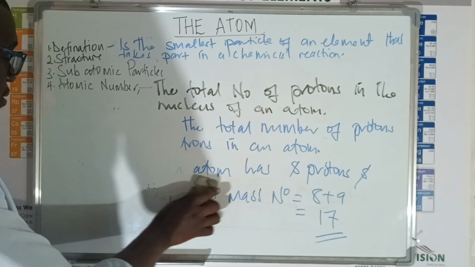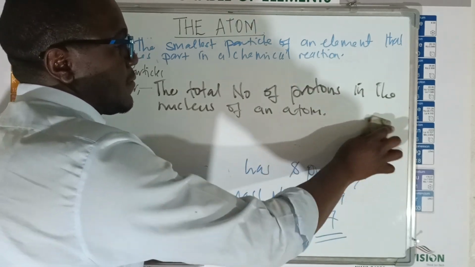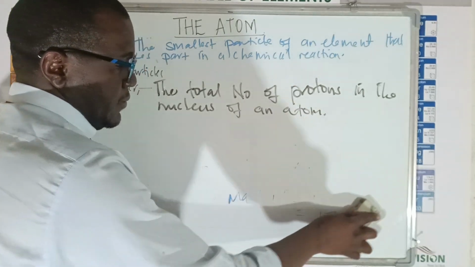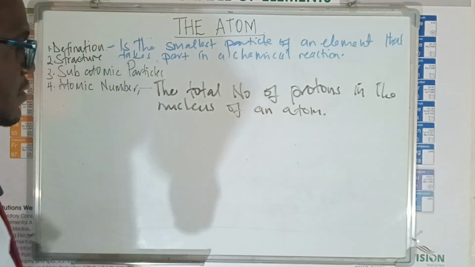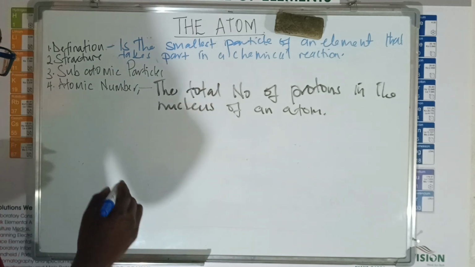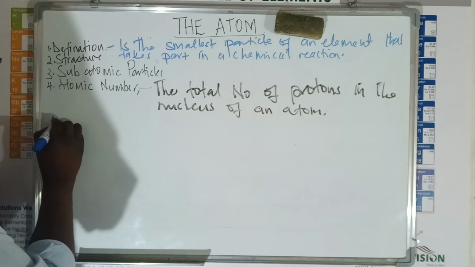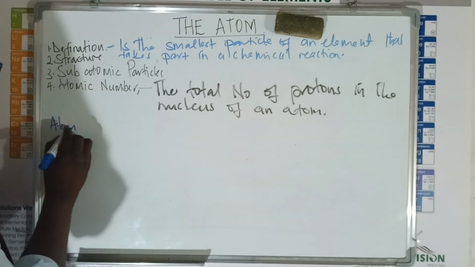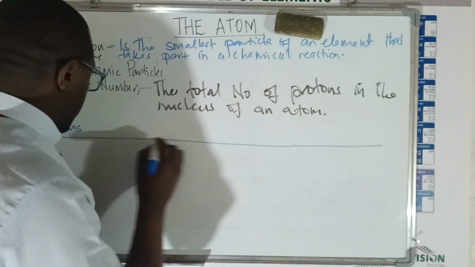Now, before we move to the isotopes, I want us to have a table here. You may encounter these maybe in an examination. So you can have several elements or atoms of a given element. We just have an example here.